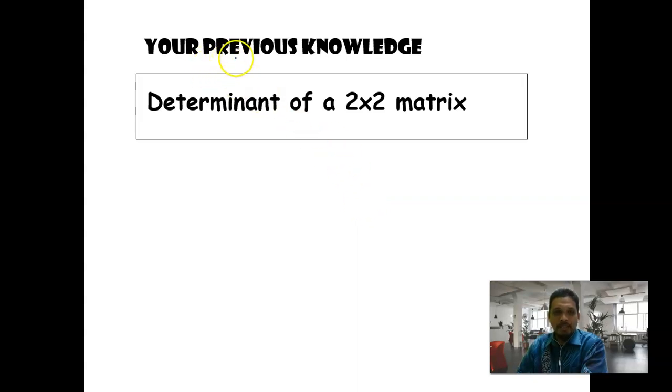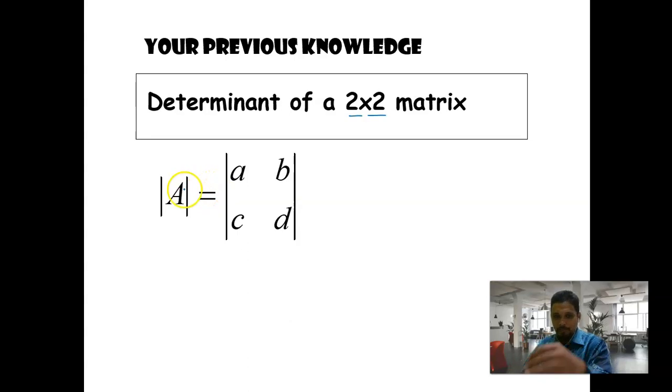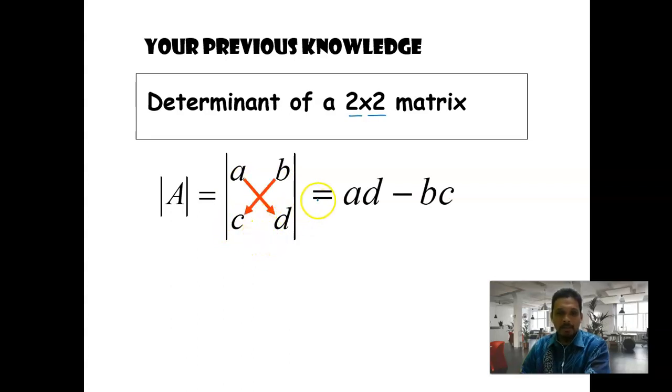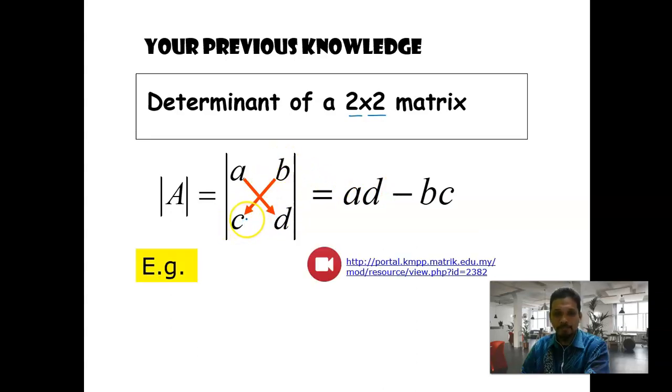So class, this is your prior knowledge that you have learned before. For a matrix with a size of 2 times 2, this sign is called the sign of determinant in this topic of matrices. Determinant of A, with matrix A having elements a, b, c, and d, equals a multiplied by d minus b multiplied by c.